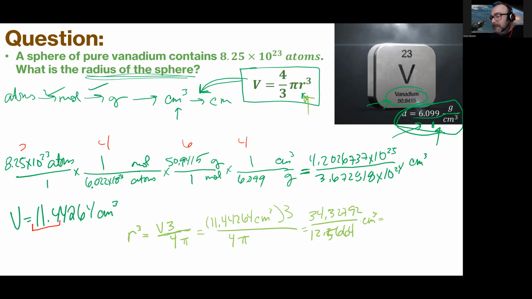And then those two things divided by each other, that divided by that is 2.73173 centimeters cubed.